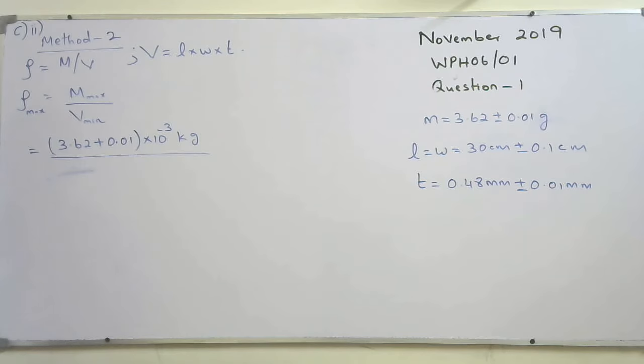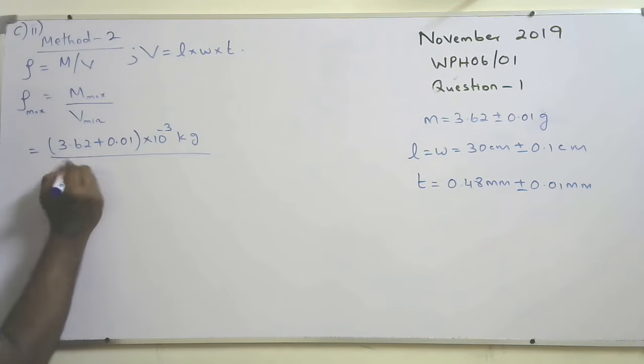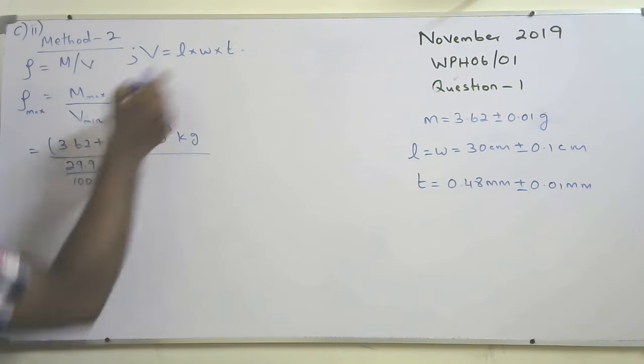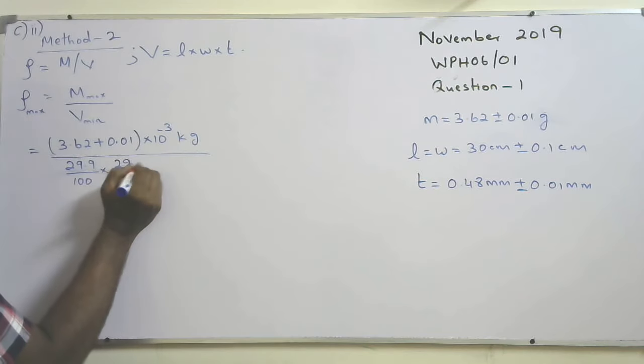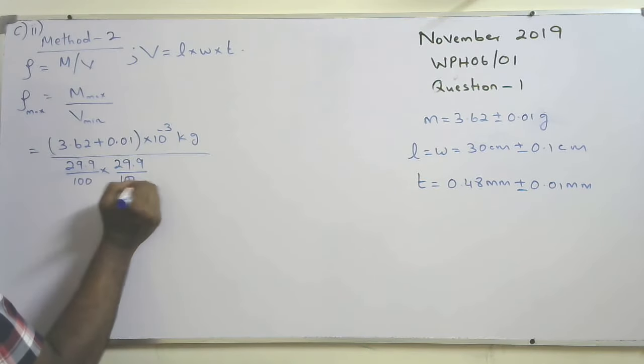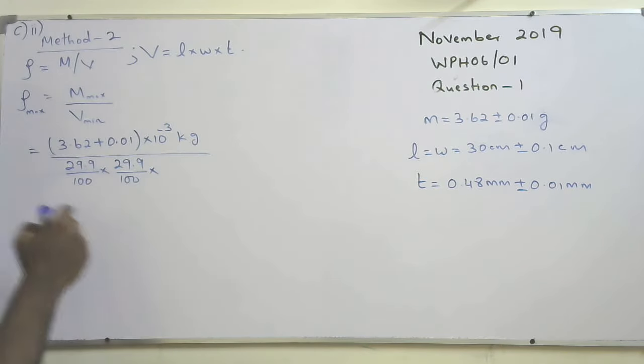So I should convert 29.9 into meter, divided by 100. So I can write 29.9 divided by 100 times the width, again 29.9 divided by 100, times thickness.